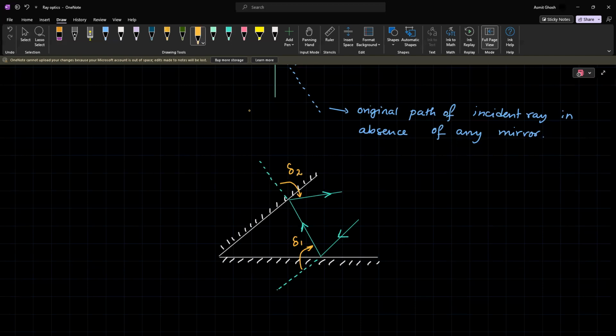Now the net deflection can be calculated as delta 1 plus delta 2, which will give us 2 pi minus 2 theta, where theta is the angle between the two mirrors, rather than the incident angle. Okay.